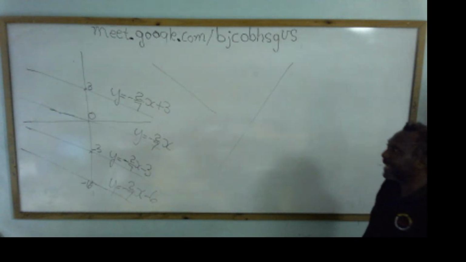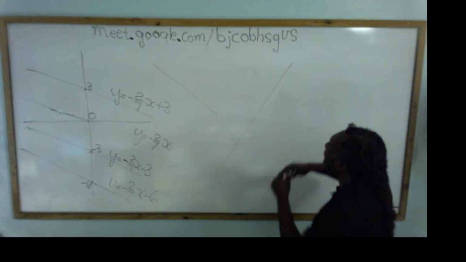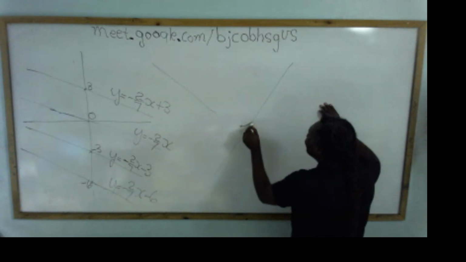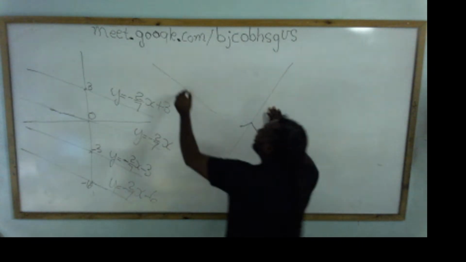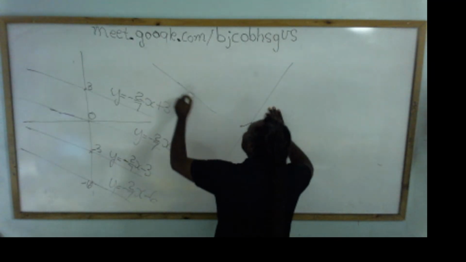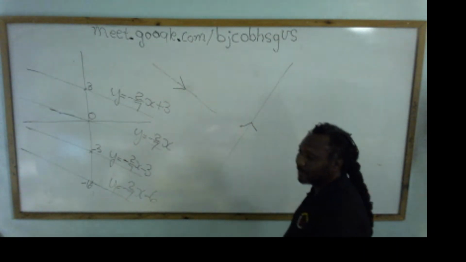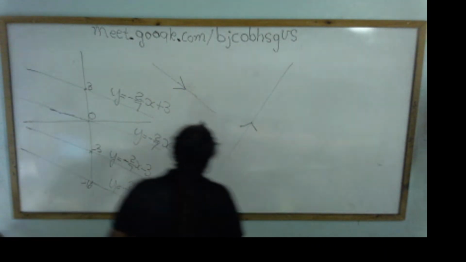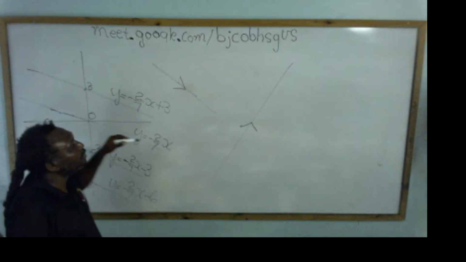So you don't say that the way this line is sloping, you say it is sloping like this, student. And the way this one is sloping, you don't say that it is sloping like that. You say it slopes like that. Because at all times, you should be going in that direction for the x. The x value should be going like this.